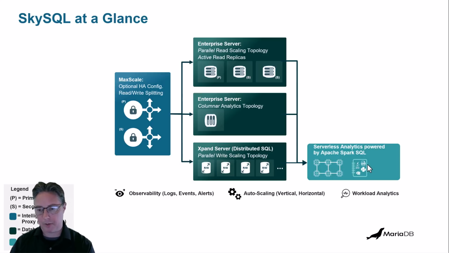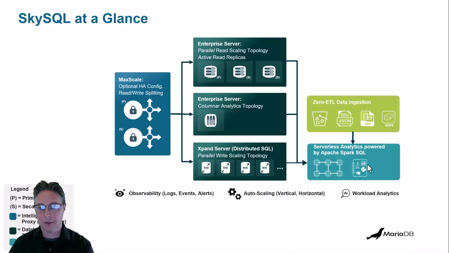And you can do other things like import and export data to and from cloud object storage, S3 and the like. So that's just the SkySQL service at a glance.